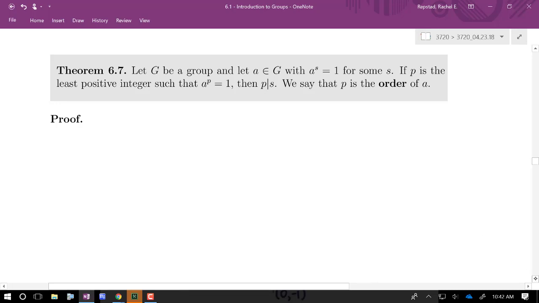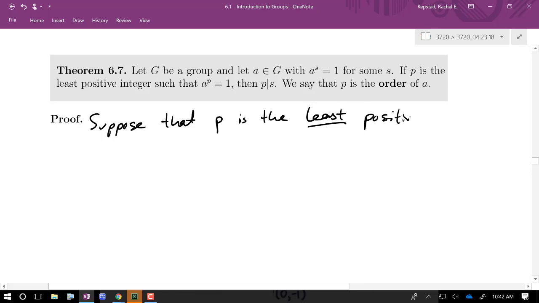So let's begin. Let's suppose that P is the least positive integer such that A to the P is equal to 1.